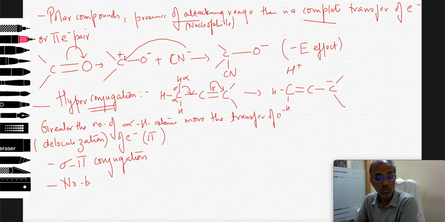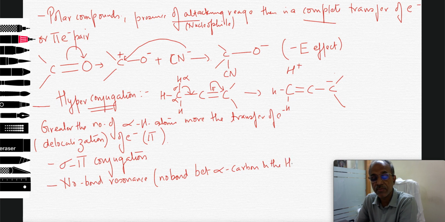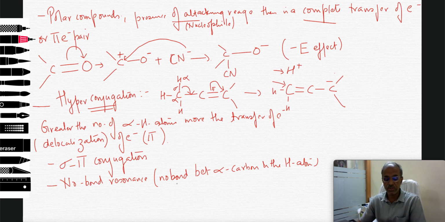No bond resonance. Why? Because there is no bond between the alpha carbon atom and the hydrogen atom. That means here, between this and this, there is no bond. So it is known as no bond resonance.